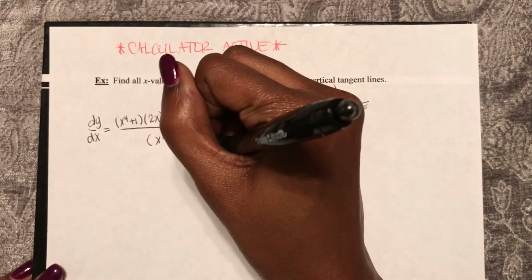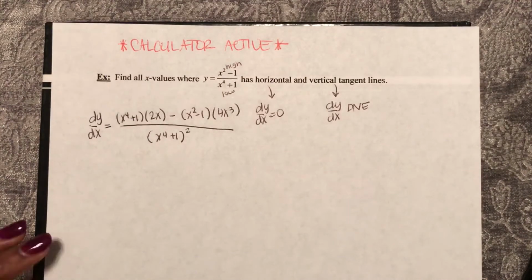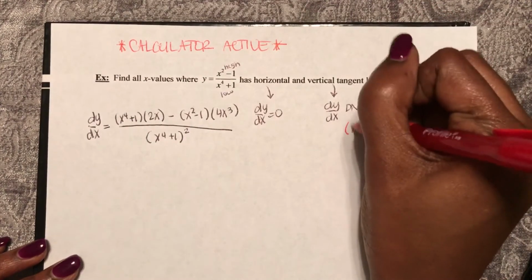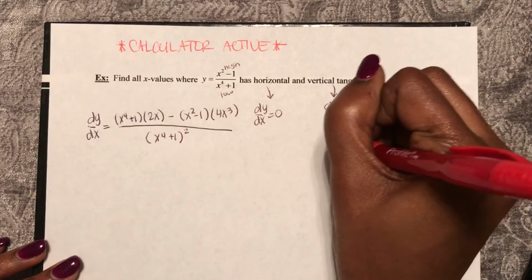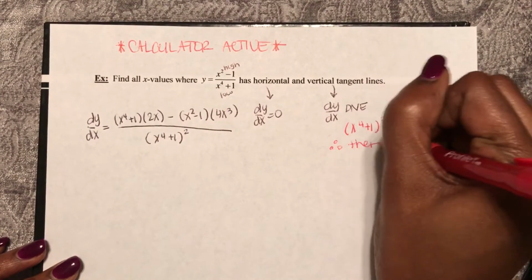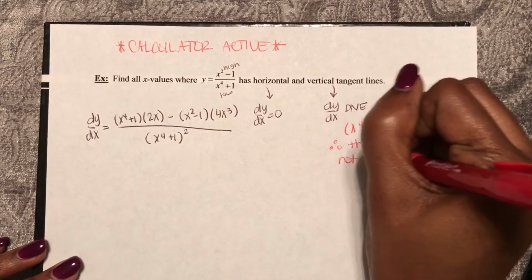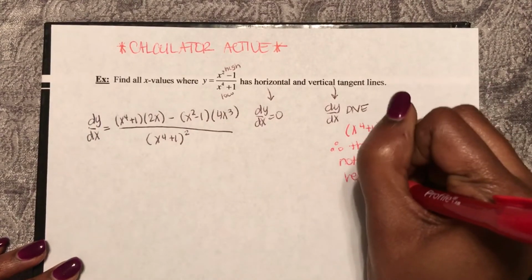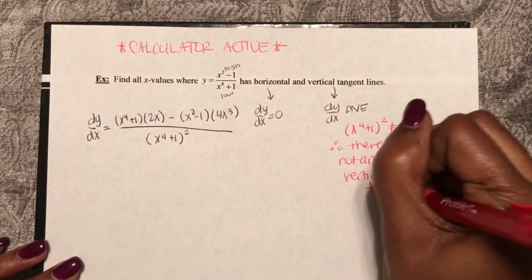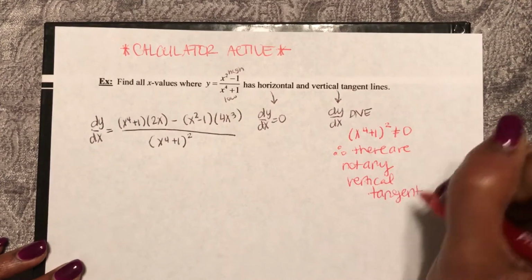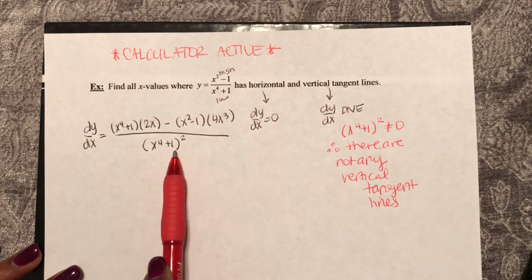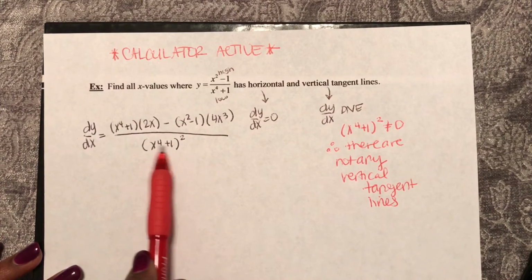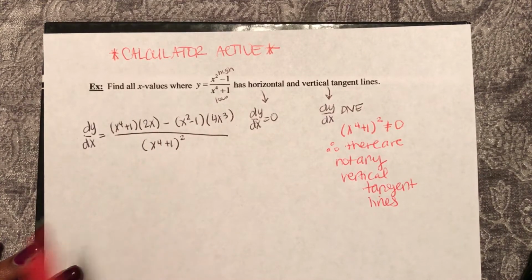Well, this denominator can never equal 0. x to the 4th plus 1, squared, does not equal 0. Therefore, there are not any vertical tangent lines. So that's nice.